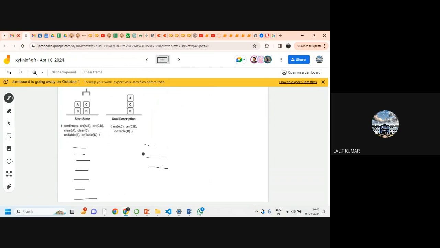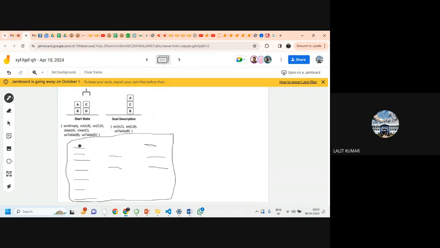Now, the applicable actions which are there, you can take only those two actions: unstack AB, unstack CD. So this becomes one layer, the start layer, and this is the goal. For the next layer, I will cover this first, otherwise things will become slightly complicated.